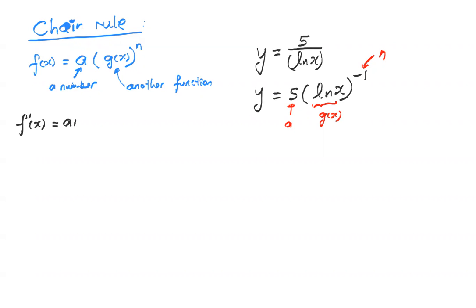Multiply by the power, copy down the whole thing, power take away 1. It's a chain effect. I have to find the derivative of gx.